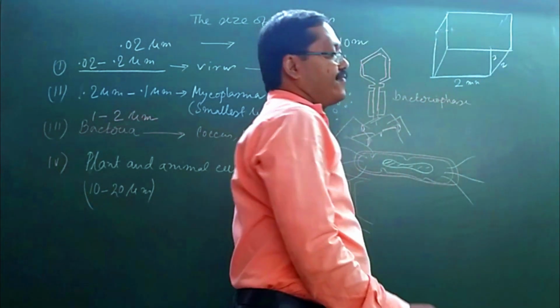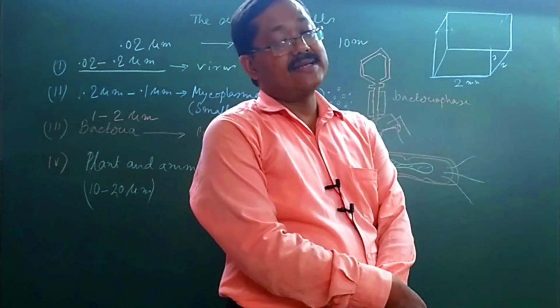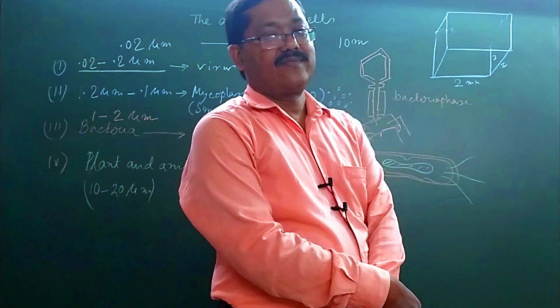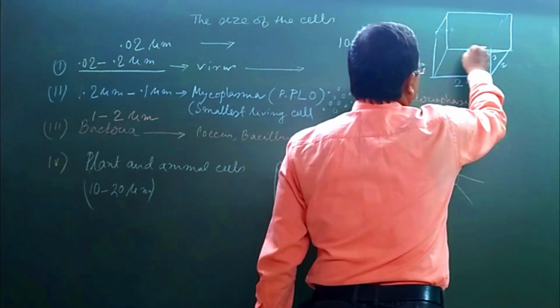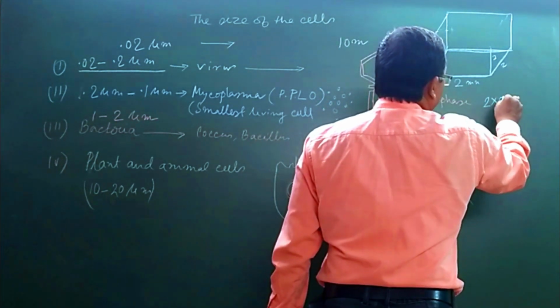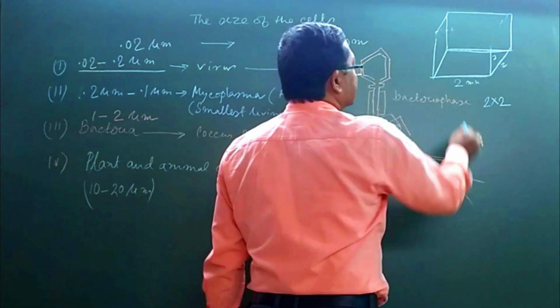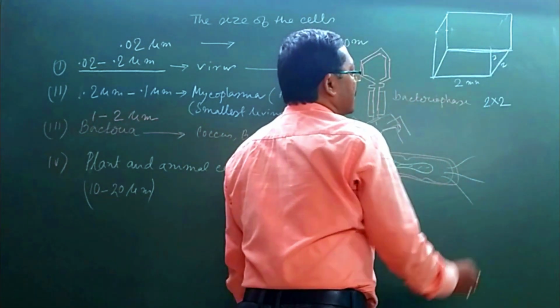A cube has 6 faces, and each face has an area equal to 2 into 2, as the length of each arm is 2 millimeter.